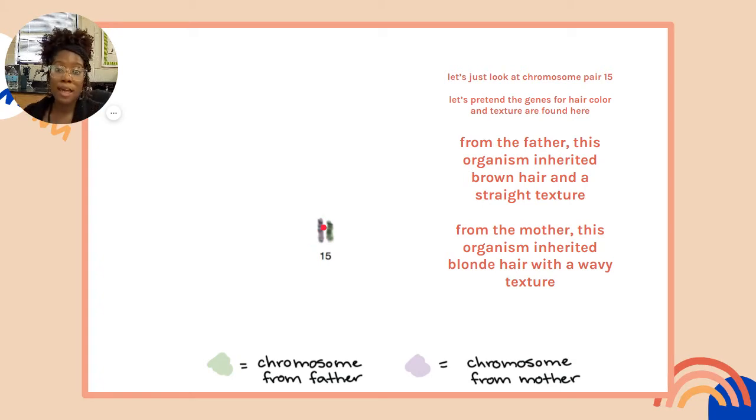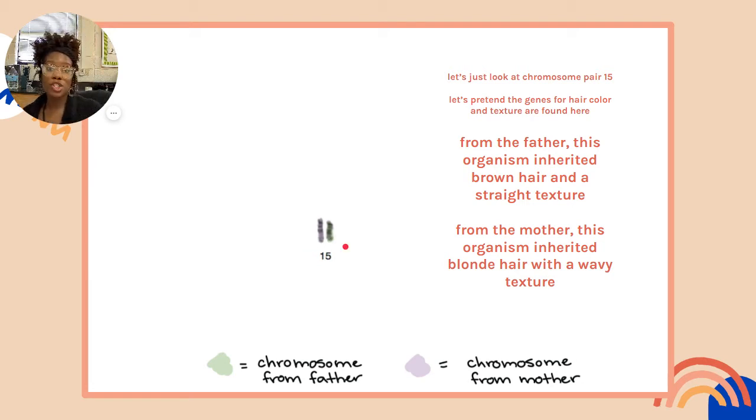So notice that the gene, which is the place on the chromosome, the genes here are going to be hair color and hair texture. The alleles are that one of them is brown hair and one of them is blonde hair. The other alleles are that one of them has straight hair and one has wavy hair.